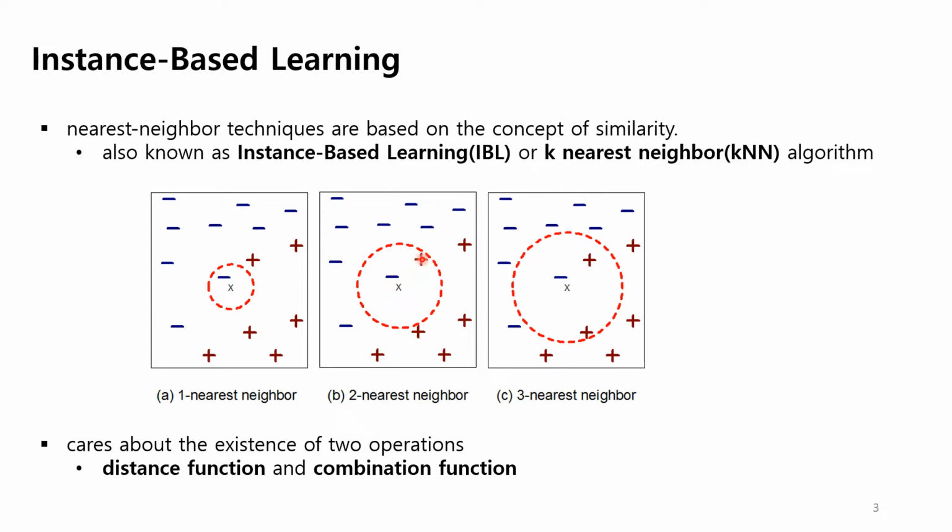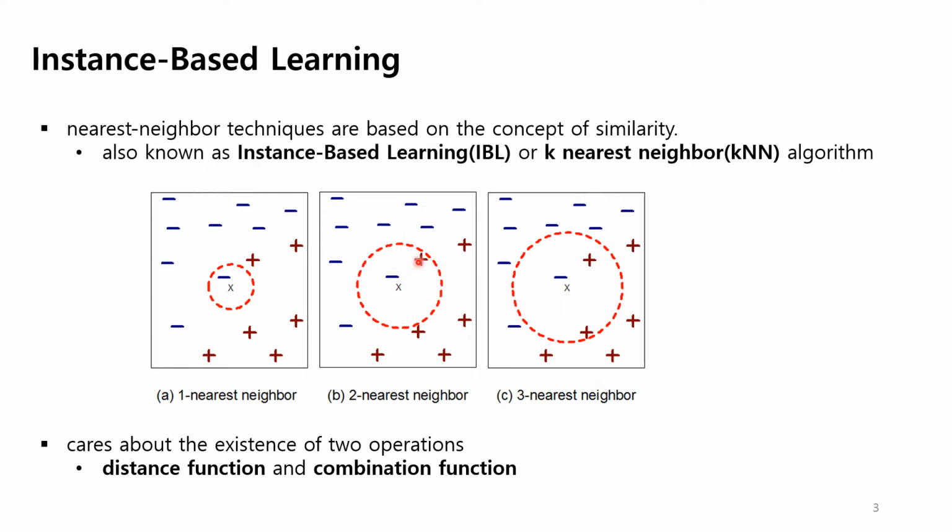Then the target value for X depends on the way you combine the values of neighbors. If these neighbors have the same weight, same importance, we have a tie.